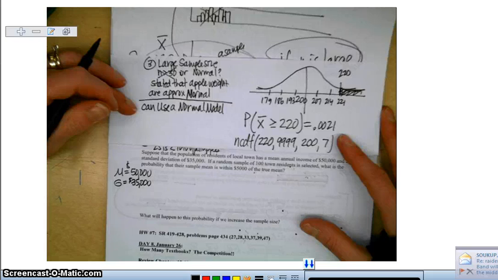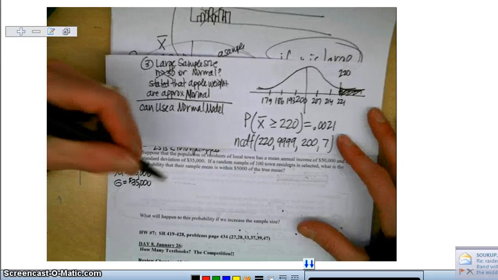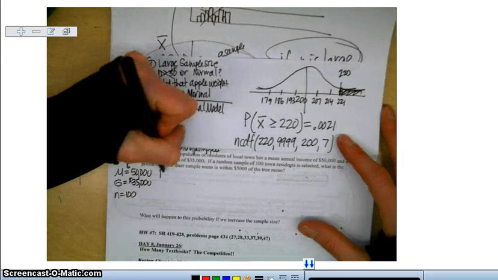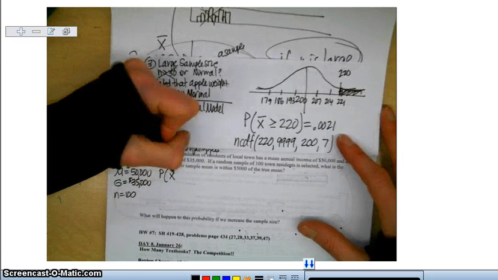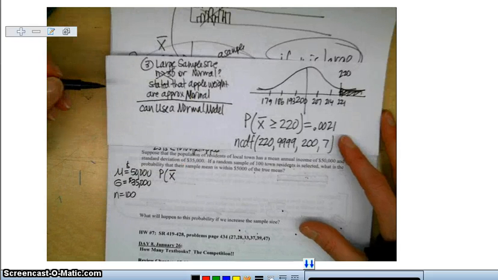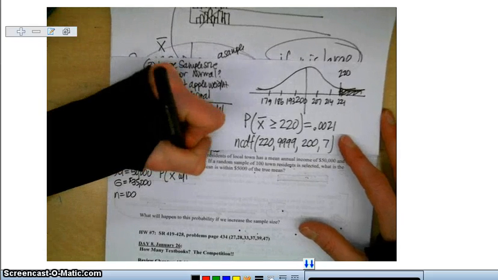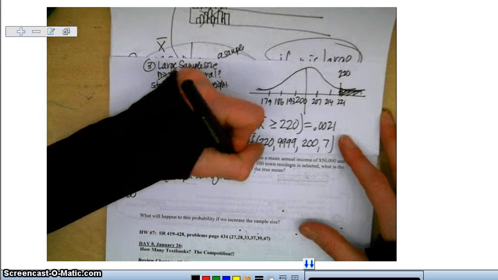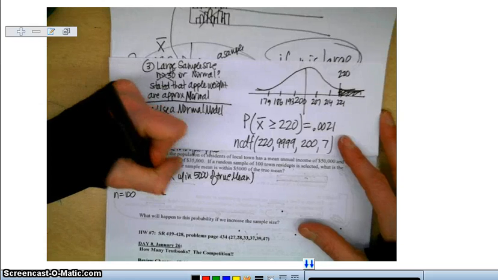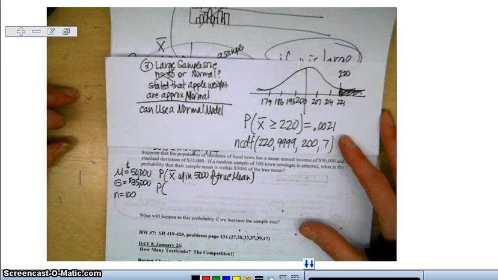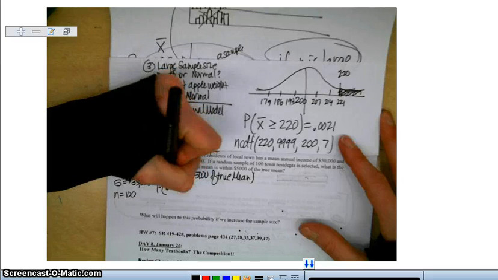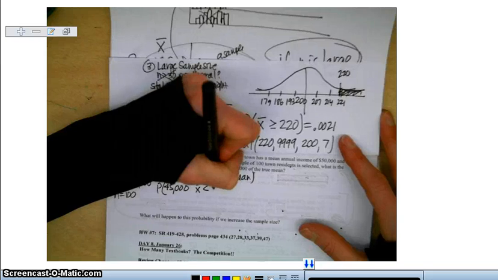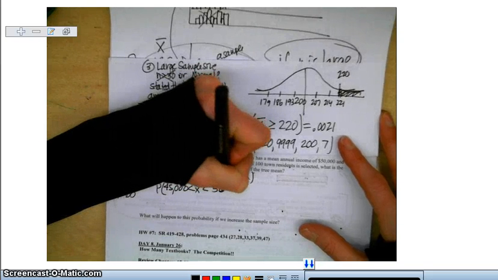If a random sample of 100 residents is selected, what is the probability that their sample mean, that X bar, is within 5,000 of the true mean? So that actually means between what two numbers? 45,000 and $55,000 per year.